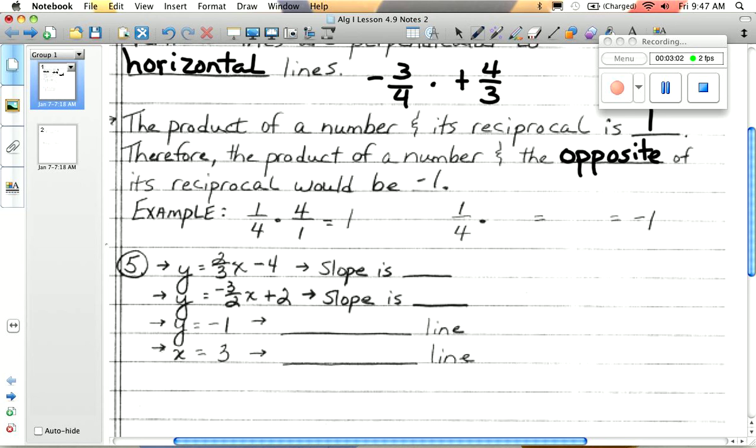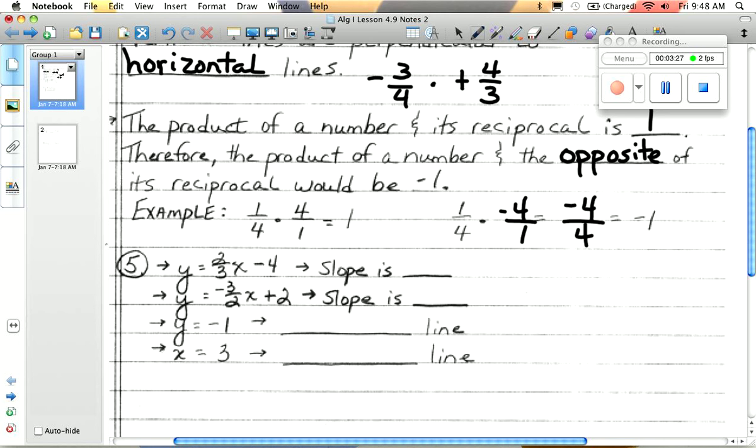When we multiply them, we get 1. If we wanted to multiply 1/4 by something to get -1, what would we have to multiply it by then? -4/1. The opposite of its reciprocal. Because then we would get -4/4, and that would turn out to be -1.